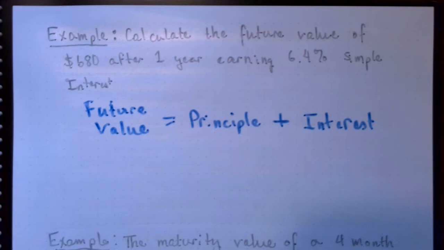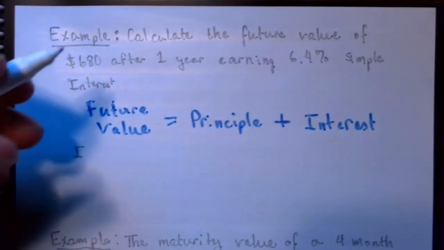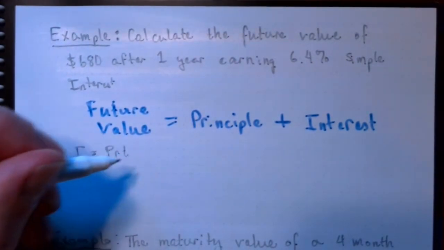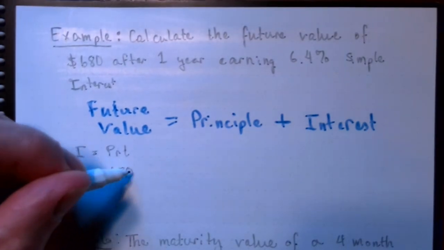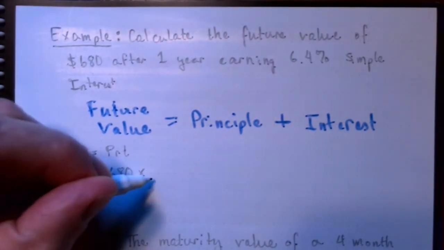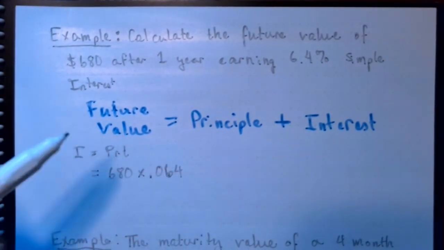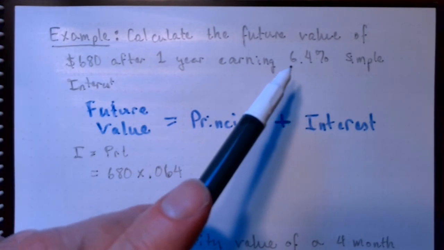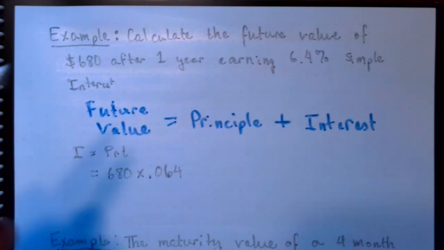So we know how to compute interest, so easy calculation here. The interest is equal to the principal times the rate times the time. Principal, $680. The rate, 0.064. Once again, note that we convert this percentage notation to a decimal in order to do the computation.